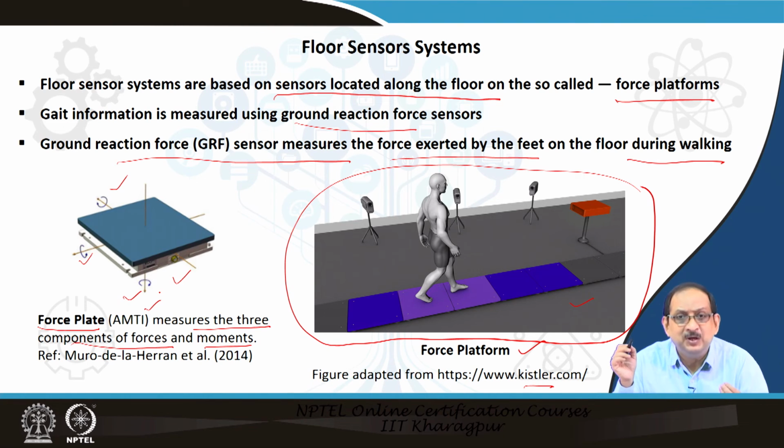It will give us direct measurements of the forces and moments at different instants of the gait cycle. But it is important that this force platform needs to be embedded in the floor so that it is easy to walk on. It cannot be on a raised platform.